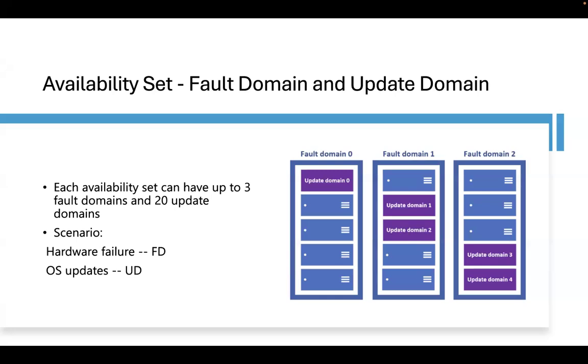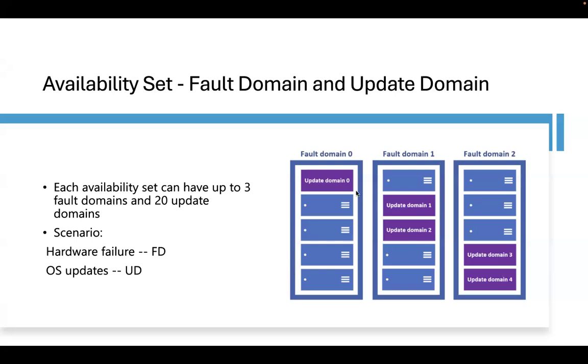Once I keep my blade in the maintenance mode, what happens? My update domain, or the VM which is hosted on this blade, has gone down, right? Yes. That means I am still able to access my application from the other VMs which are hosted.